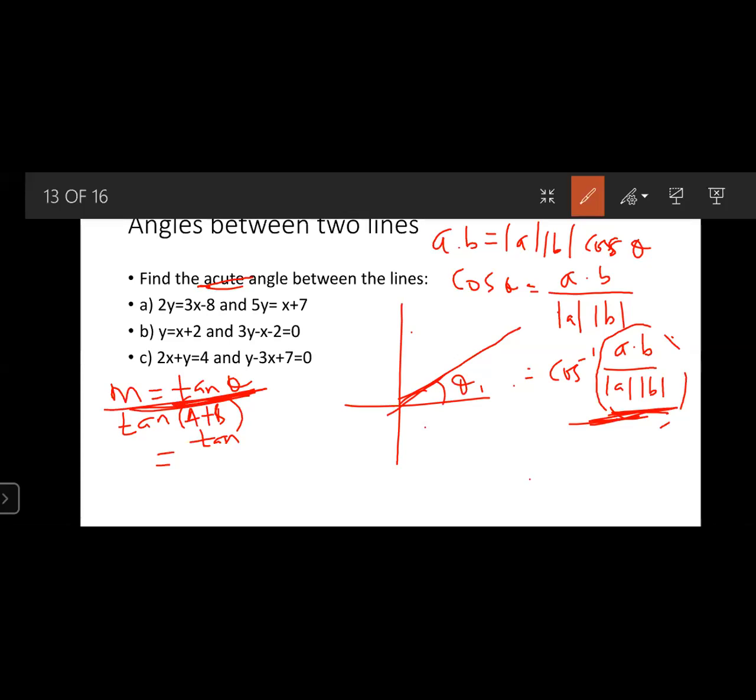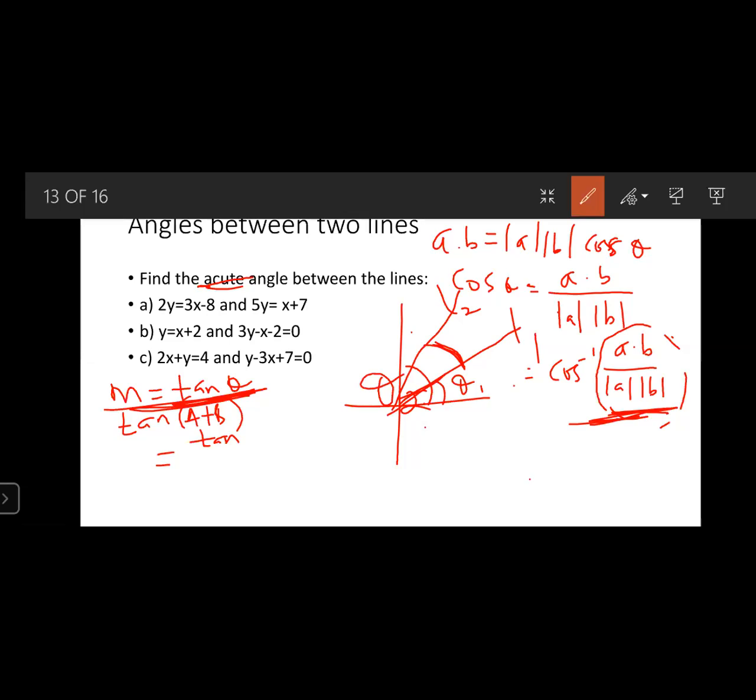Now we want to find another angle. This is line 1. Let's assume that we have line 2. Line 2 is here, and line 2 makes another angle from here to this place, and we call that one theta 2. The angle between them is this.